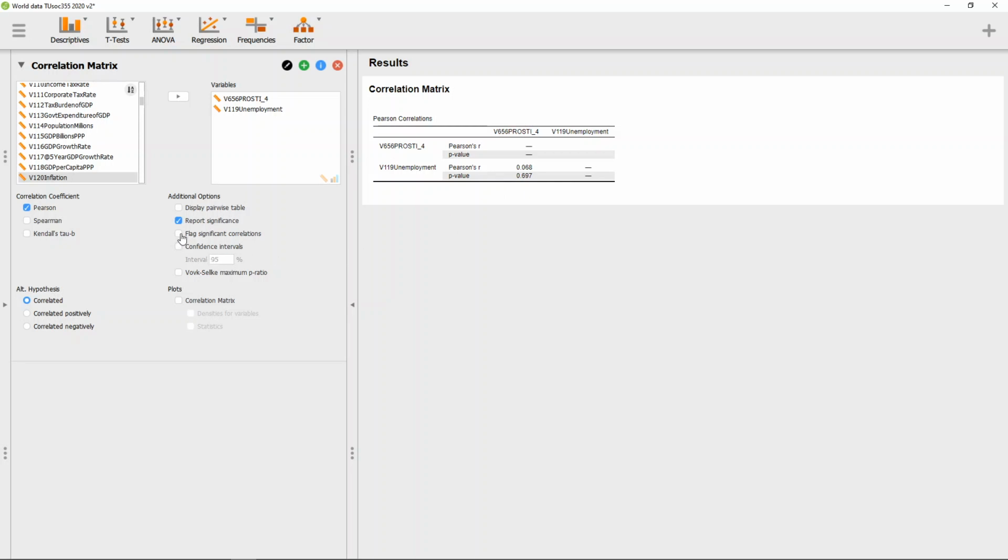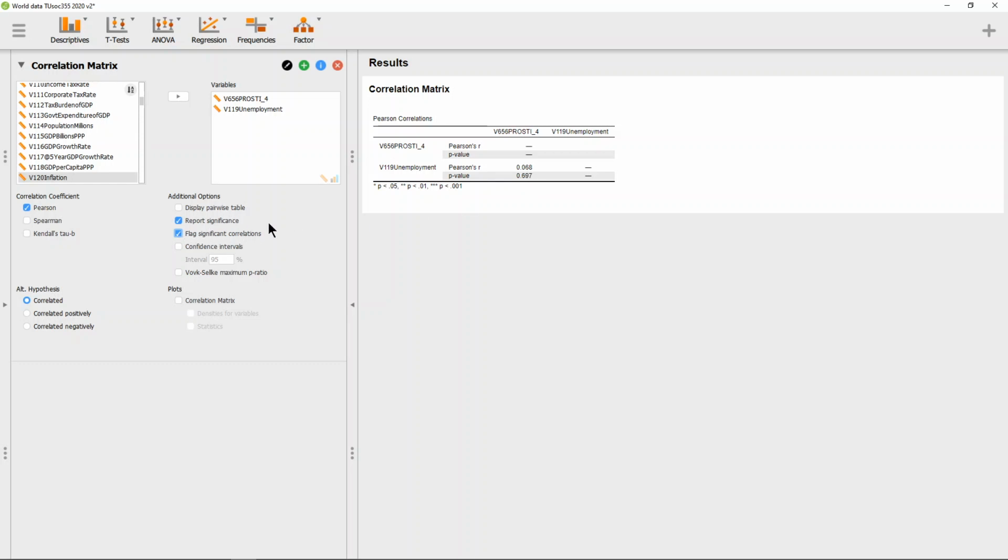If we instead said to flag significant correlations, then it would actually put asterisks beside the R value that would indicate if something was significant. One asterisk would mean it was significant at the 0.05 level, two at the 0.01 level, three asterisks would mean it's significant at the 0.001 level. There are no asterisks on this result because, as you can see from the p-value of 0.697, this is not a statistically significant result.